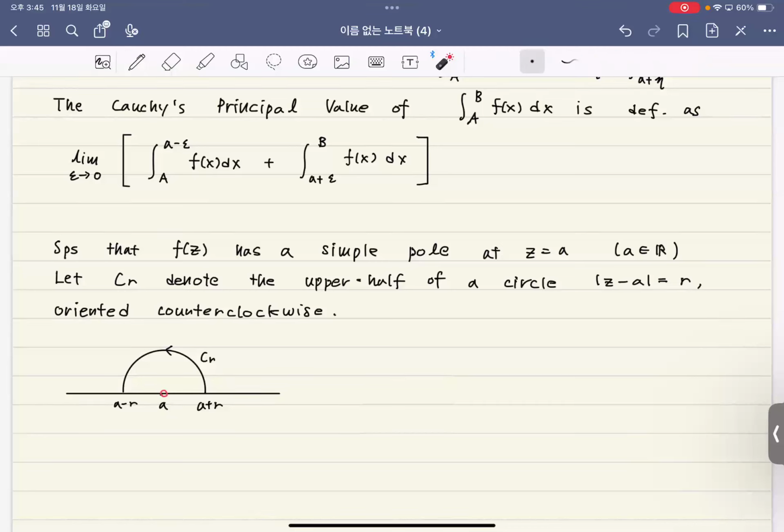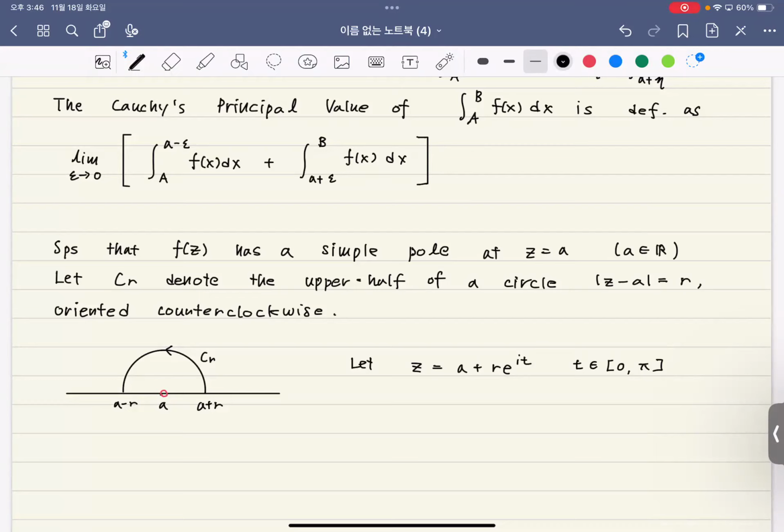Now, I want to consider the line integral of this function along this curve. In order to do that, first I will need a parameterization of this curve. The most obvious parameterization should be a plus r times e to the i t, where t is from 0 to pi.